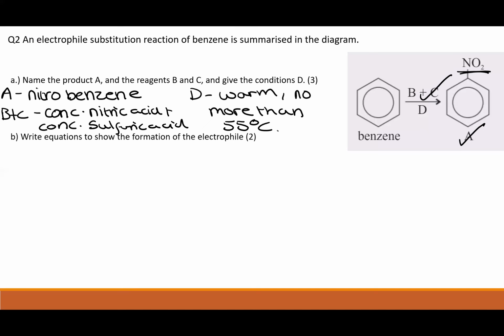Then we're asked to write equations to show the formation of the electrophile, because remember that electrophile needs to be made into a stronger electrophile using the catalysts. So here we go. We're going to put down both of our reagents, concentrated nitric acid and concentrated sulfuric acid.